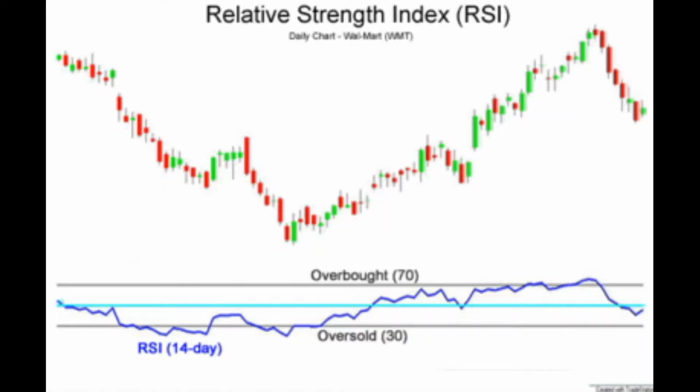So, there are three basic indicators of analysis. First is the trend line, for example support level and resistance level. Second, the relative strength index, RSI. It determines the strength of the trend and the probability of its change.